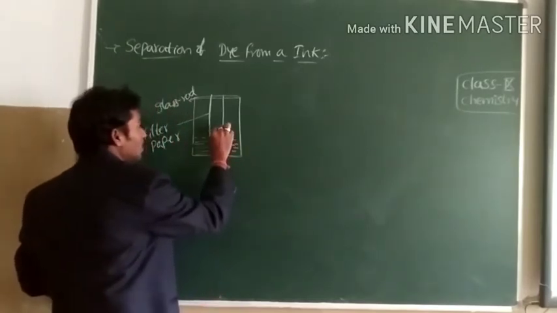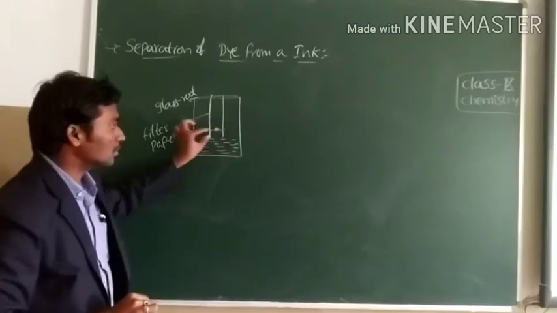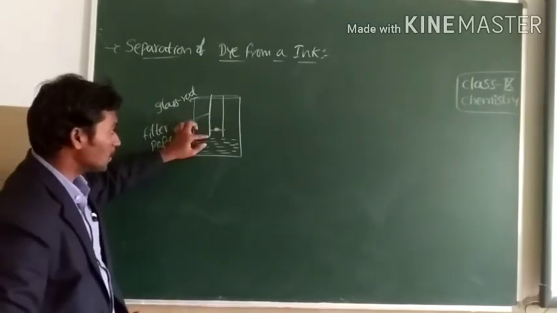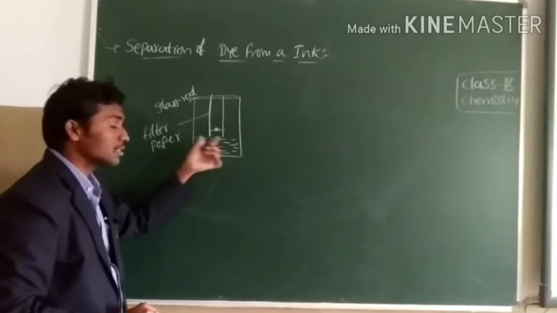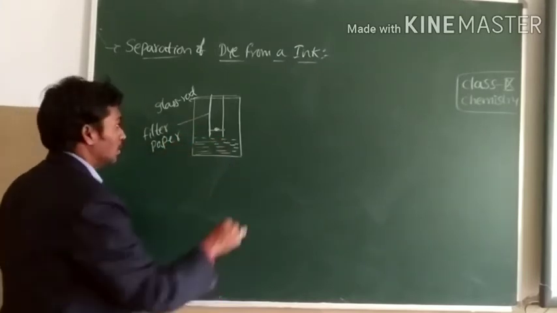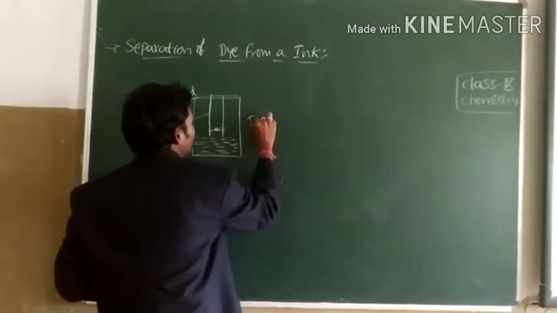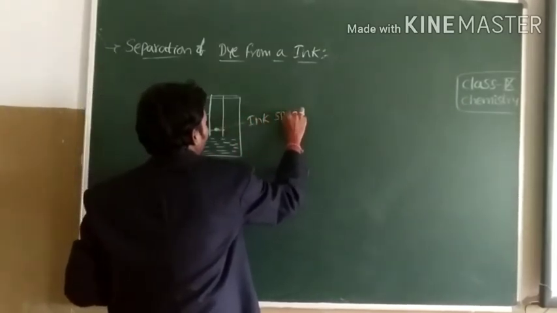So we make an ink spot on the line and make sure that the filter paper just touches the water level. This is the ink spot, children.